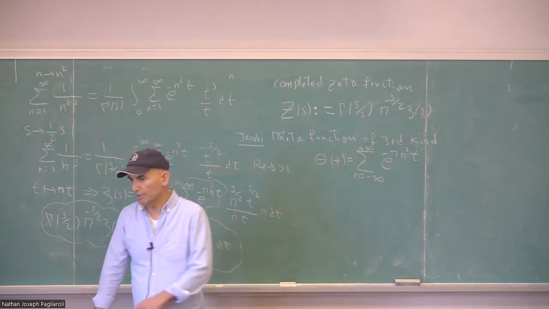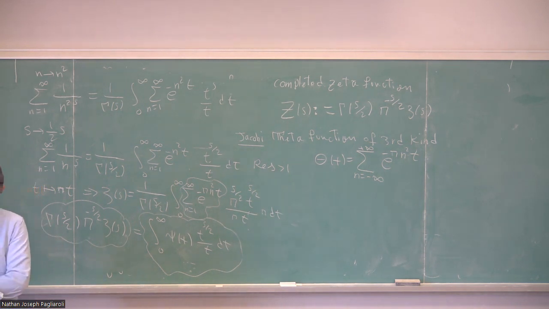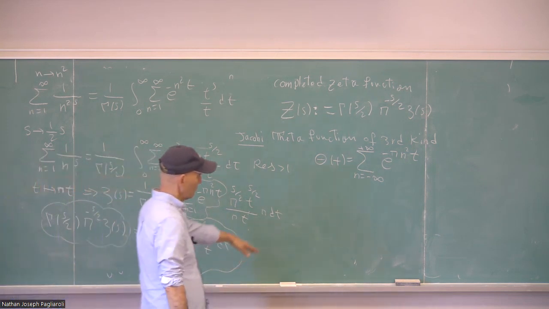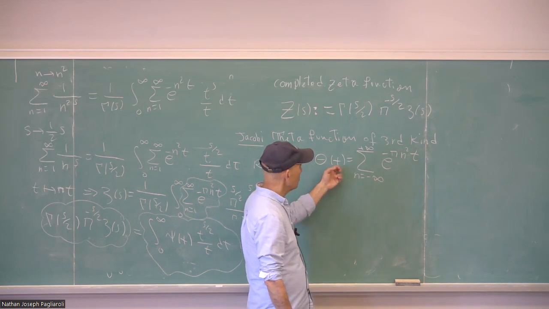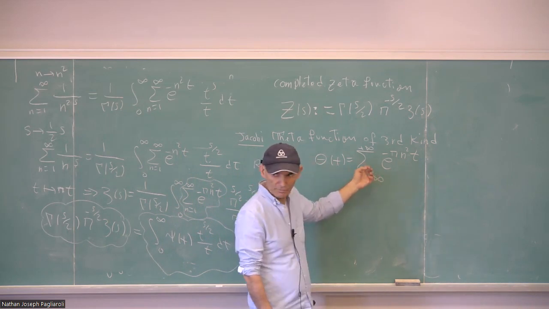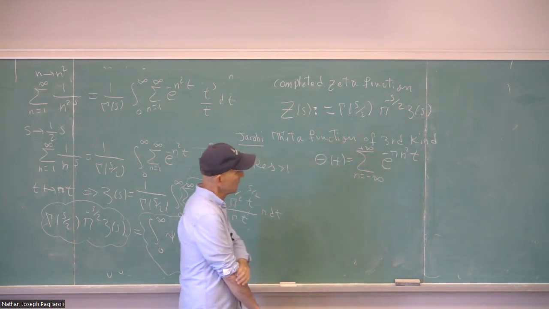This is the famous Jacobi theta function of the third kind. Jacobi had a list of theta functions: first kind, second kind, third kind. I don't know if there was a fourth kind or not, but he wrote lots of other things in terms of those theta functions. Then Riemann picked up this as the basic theta function in his work. He extended it again and again to many contexts.